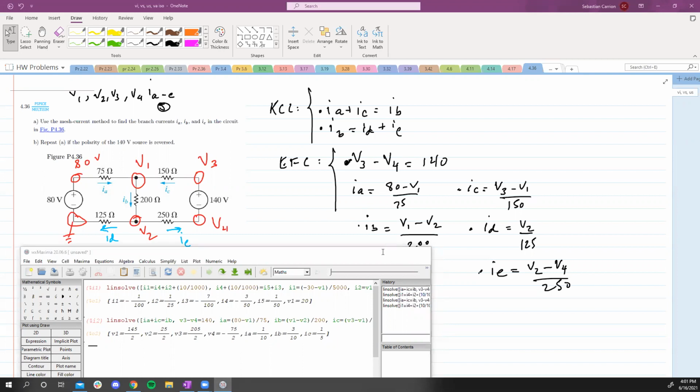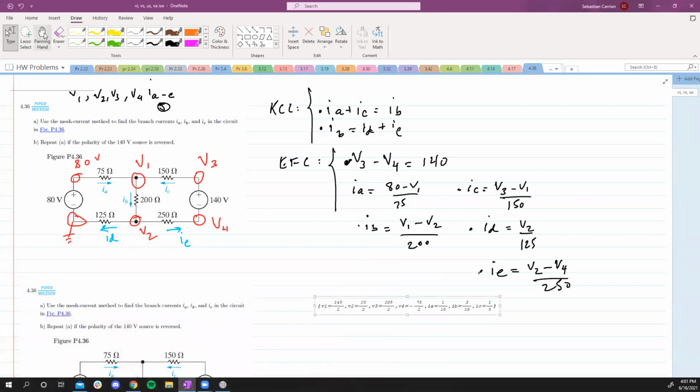We're going to erase this one since IE and ID are equal, so ID equals IA, and IE equals IC. 1, 2, 3, 4, 5, 6, 7.